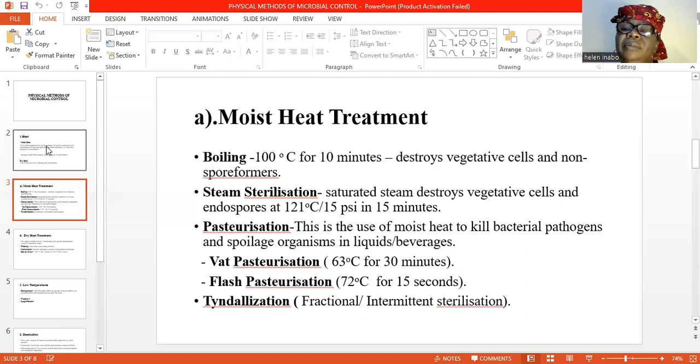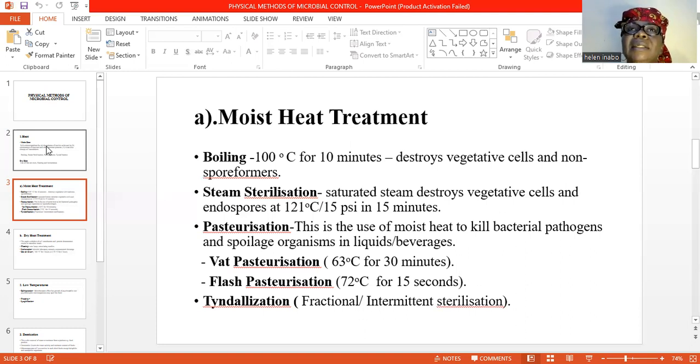So Louis Pasteur took some of the spoiled wine and observed under the microscope that some microorganisms were responsible for the spoilage of the wine. So he subjected freshly produced wine to a controlled temperature of 63 degrees Celsius for 30 minutes.